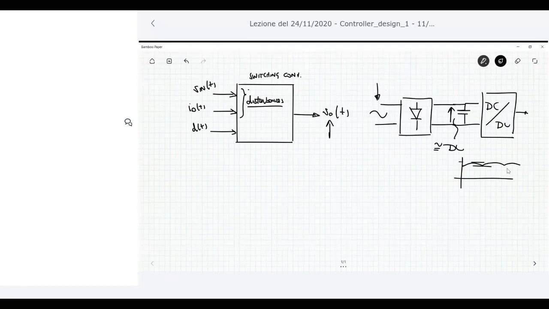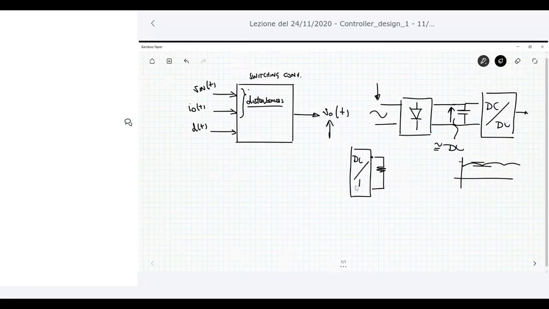The same happens for I0. I0 means that there is a change in the load, and this always happens because the load is not fixed for any time instant. The load at the output of your DC to DC converter can change. R is something that can change, so the output current changes.